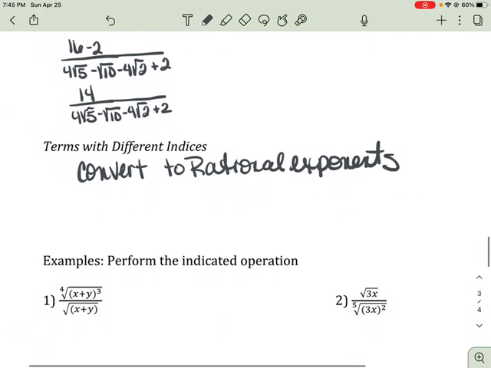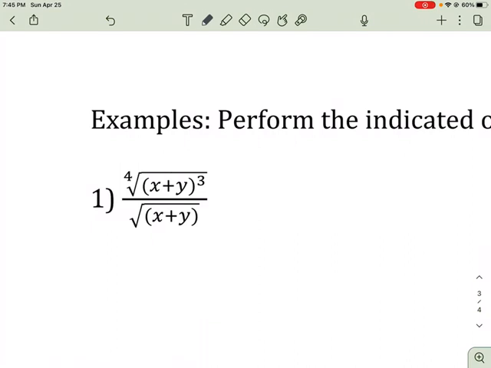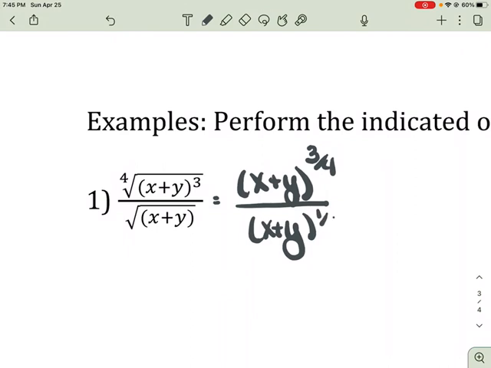And then we're going to do what we can, okay? But the big thing is to convert to rational exponents. All right, so for example, I'm going to take this x plus y, fourth root, and make it x plus y to the 3/4 over x plus y to the 1/2.